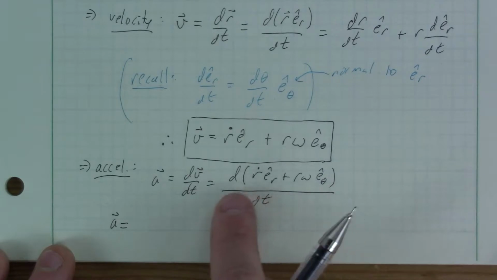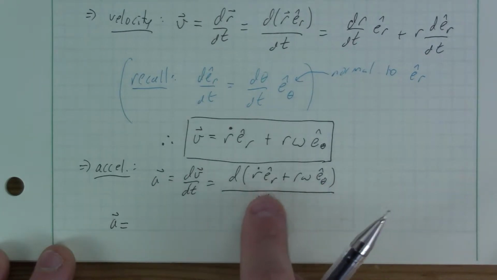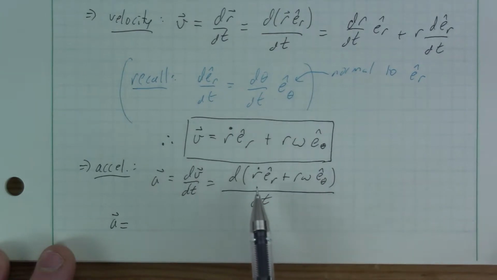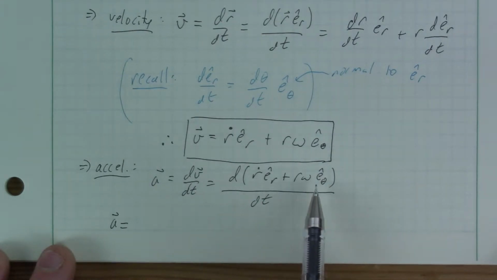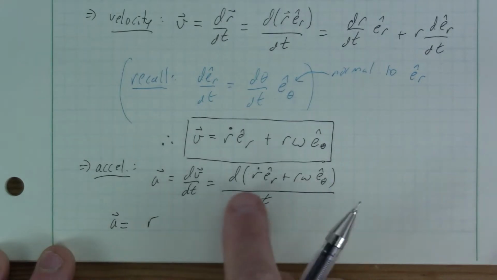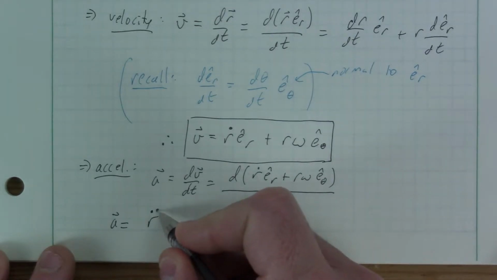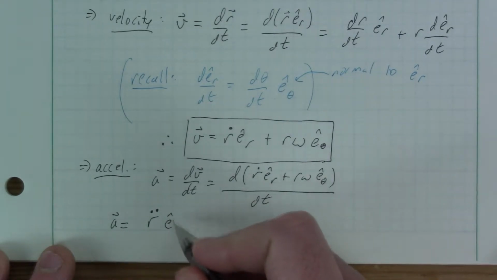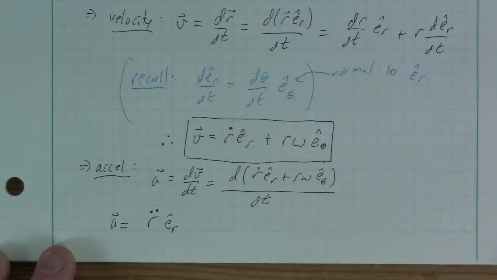So there's going to be a product rule here, which will be 2 terms, and then a product rule here, which is actually going to be 3 terms. We should have 5 total terms. The first one is r double dot, the r dot gets another derivative, with nothing applied to e hat r.